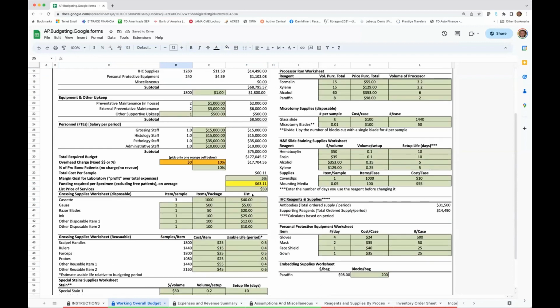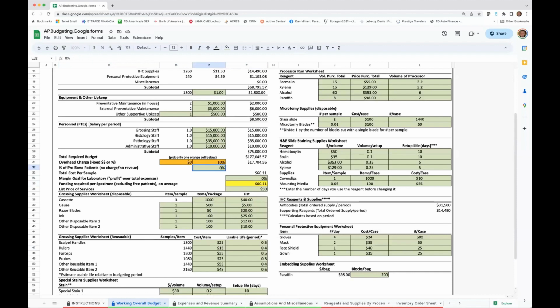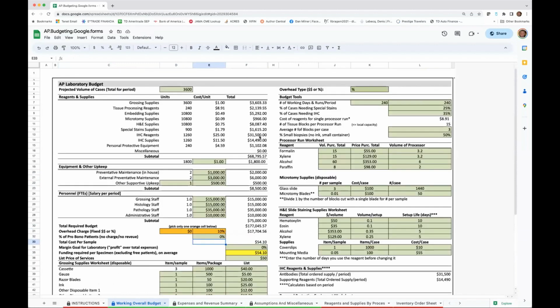Let's say you don't have a margin because it's a government lab, and let's say everybody pays, because everybody's going to pay. So we're going to set this to 0. Okay, so now everybody's paying. We don't have a margin, so we have pretty much the parameters right, and we're only doing 3,600 per year.